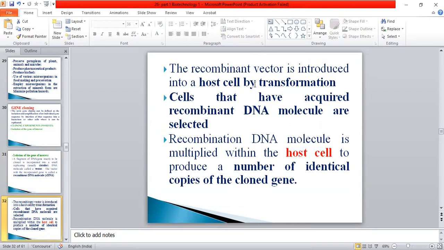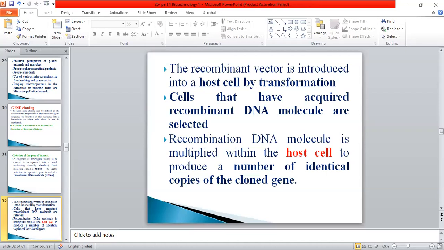After the two DNA molecules unite to form a vector, that vector is introduced into the host cells. There are some techniques for how it enters the cell: gene gun, electroporation, and so many others. They all use very minute quantities. Already we talked about those things.